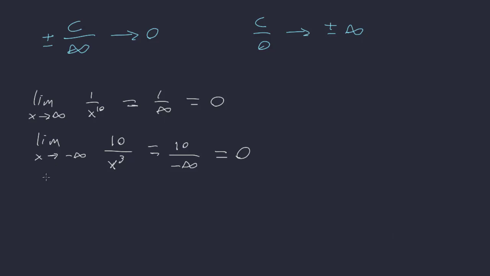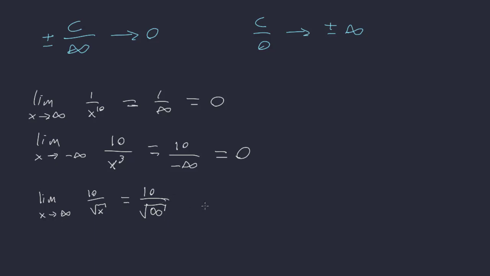All right, so to do a couple more examples here, let's say we have the limit as x goes to infinity of, let's say, 10 over the square root of x. Well, again, if we think about this as 10 over the square root of infinity, what's the square root of infinity?